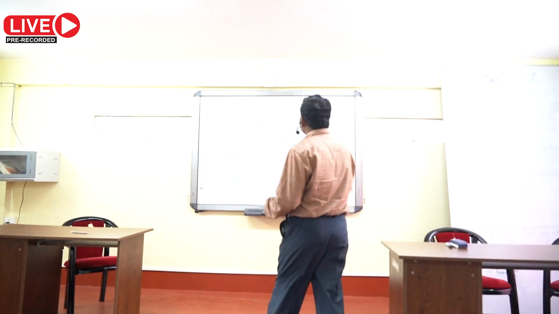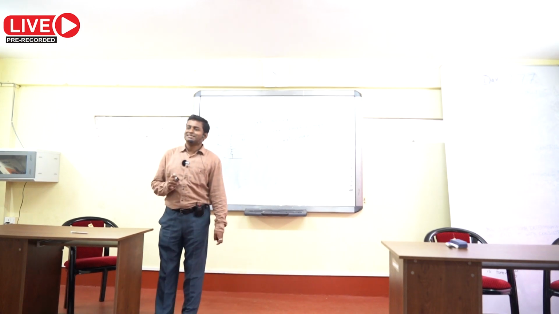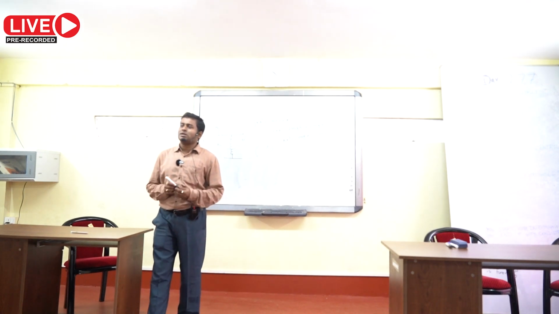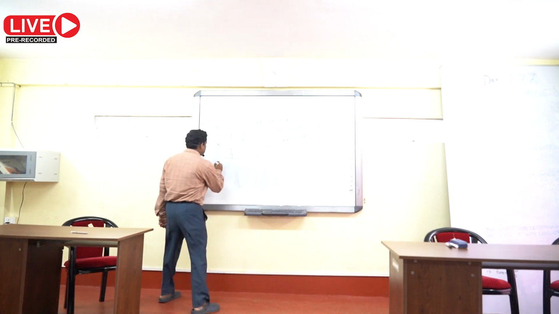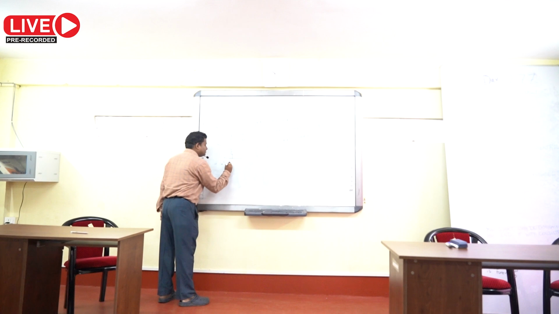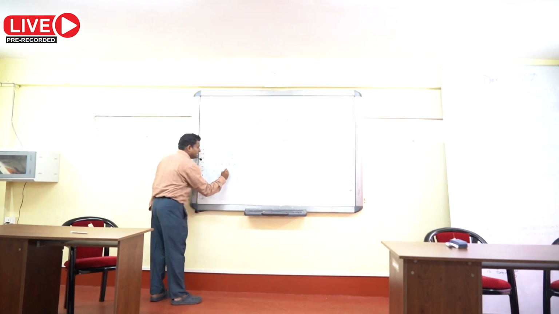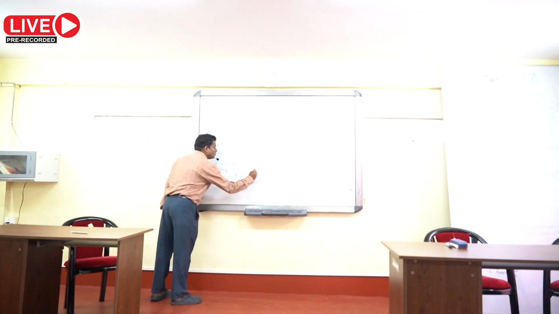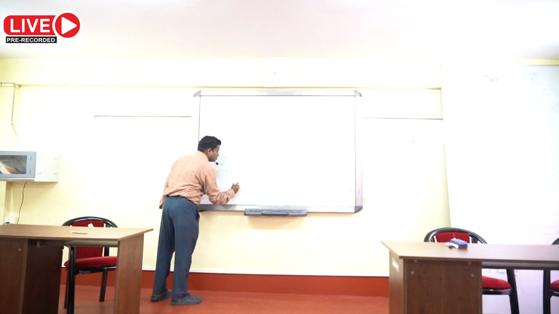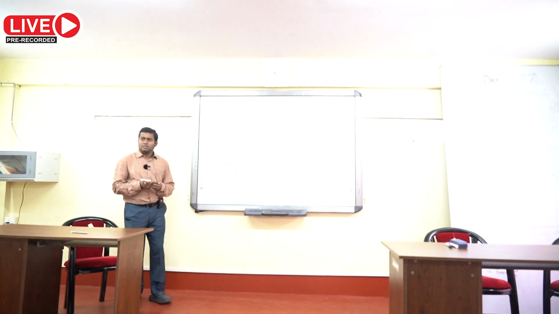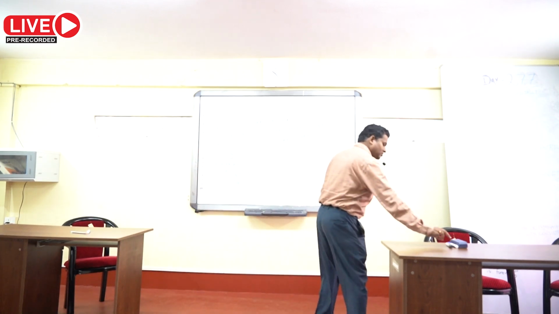I can just put it in without solving. Sridhar Acharya's method, who remembers: minus b plus minus root over of b square minus 4ac, by 2a. See, for ax square plus bx plus c equal to 0, the value of x will be minus b plus minus root over of b square minus 4ac, called the discriminant, by 2a.